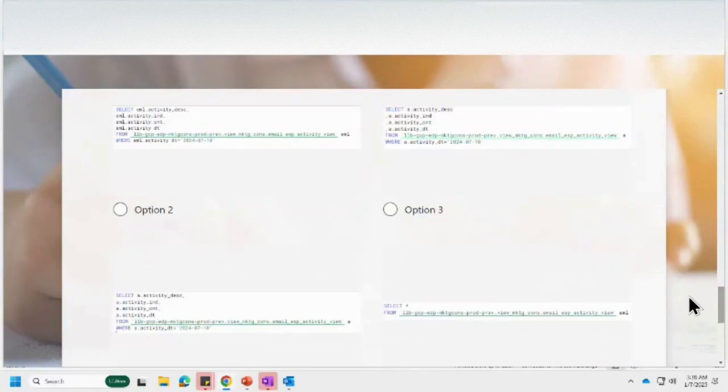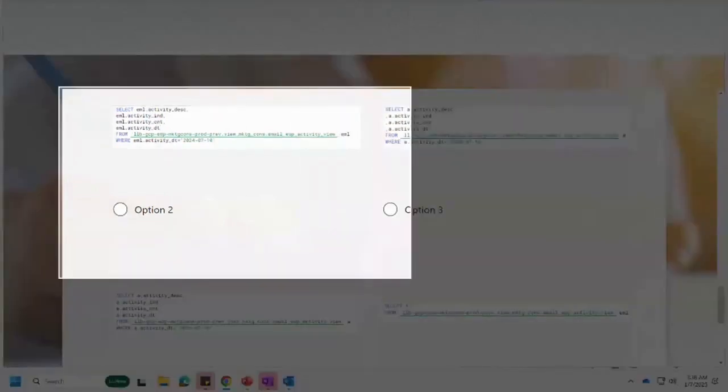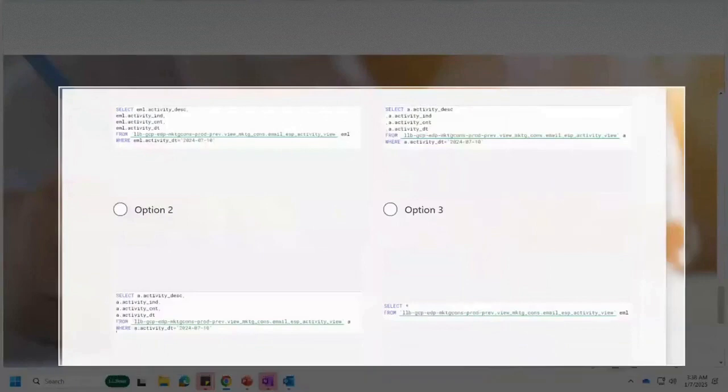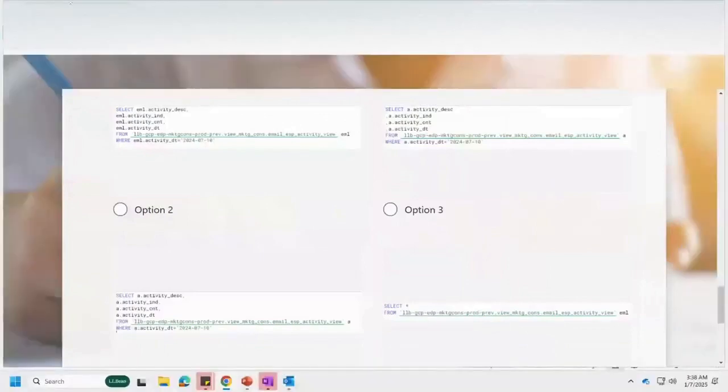Okay, again, it is not visible. Can you share the screenshot? Yeah. So there is one. Let me see.